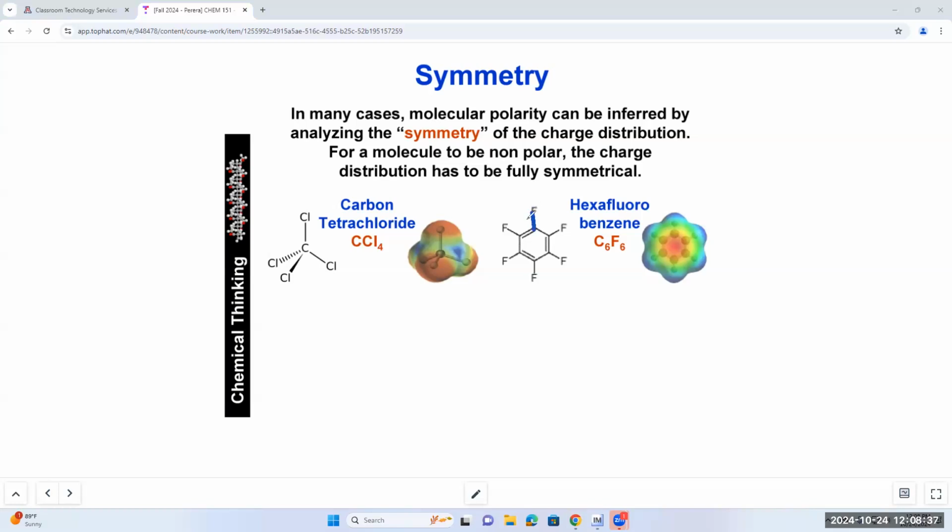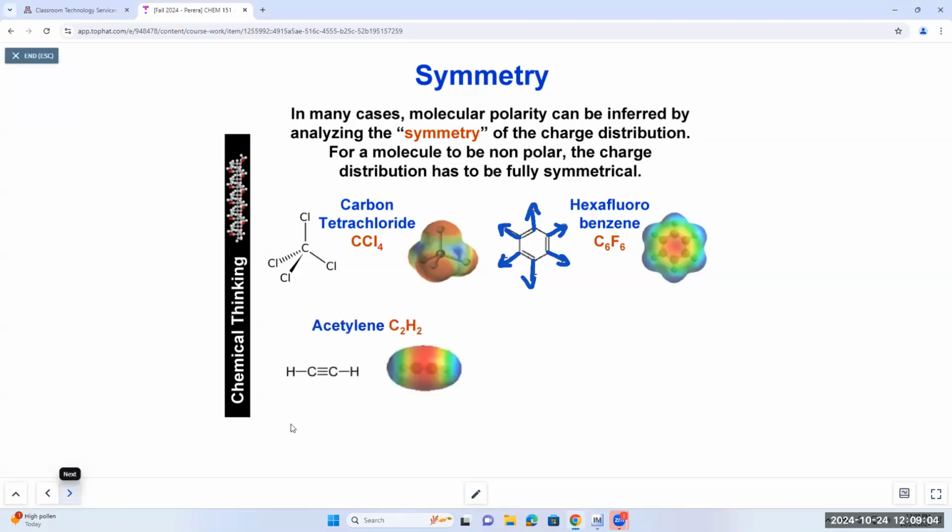Also, you can think of carbon-fluorine bond dipole moments, one going this way, another one going this way. They cancel each other out. One going this way, and that will be cancelled out with the one going the opposite way. So when you have symmetric distribution of atoms or charges, they cancel each other out. Therefore, they're going to become non-polar.